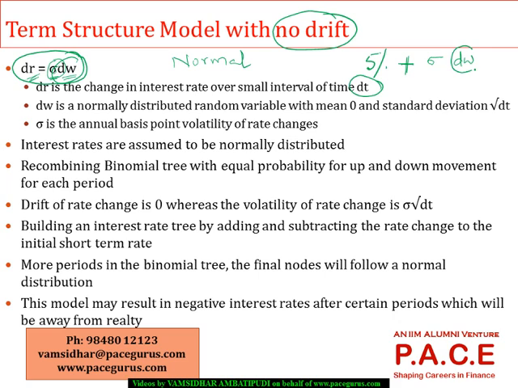Because dW is a random variable with a mean of 0, on average the increment is 0. So if I take the mean of this entire thing, it is still 5%, because the mean of dW is 0. There is no constant increase or constant decrease in the interest rate.